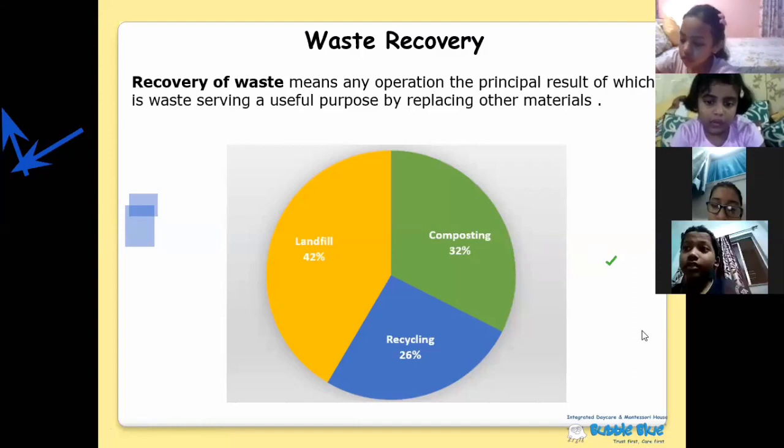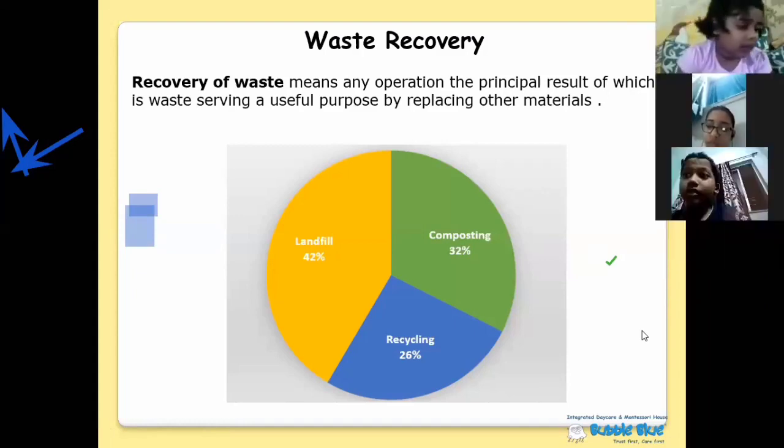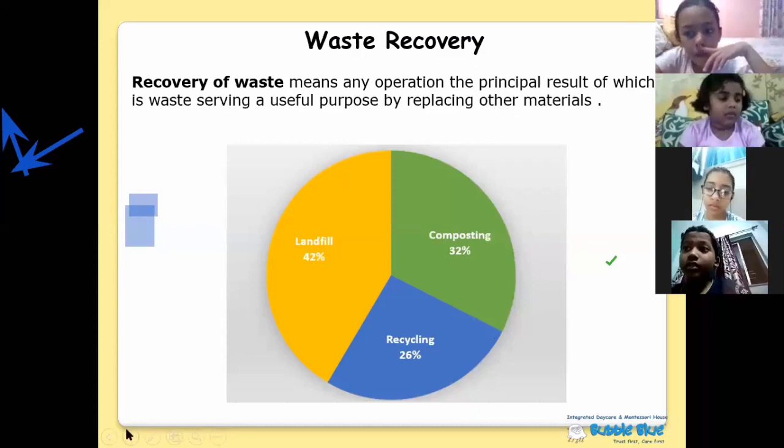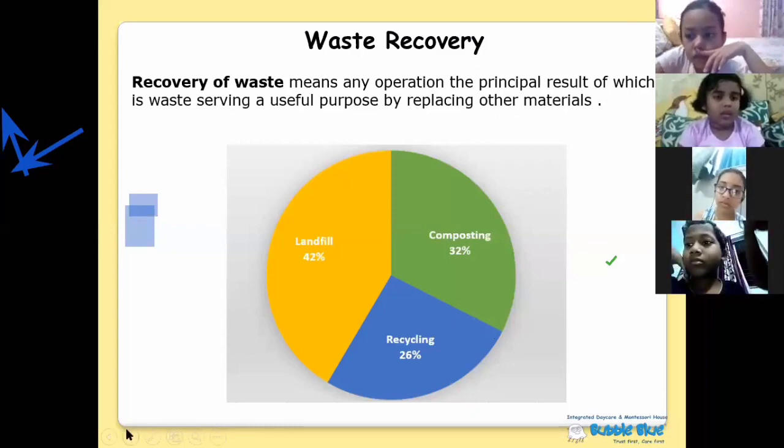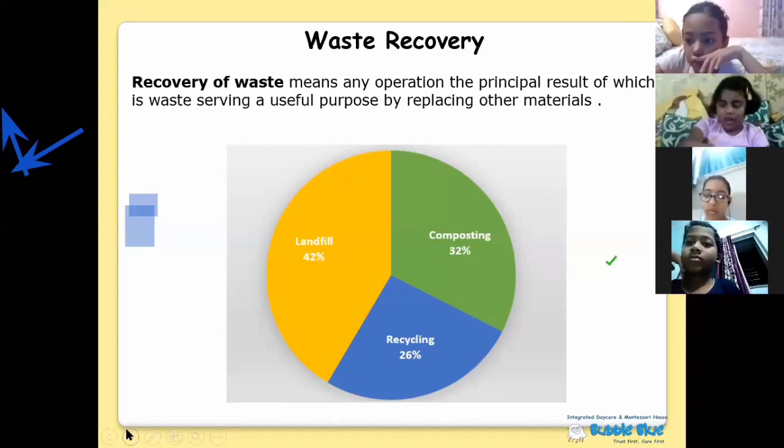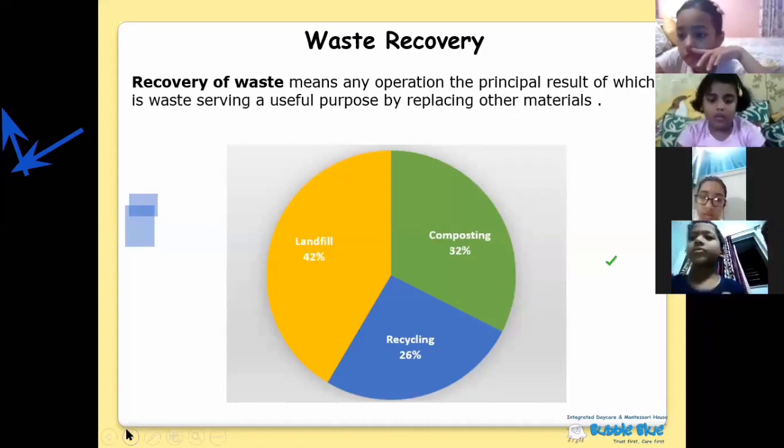Through composting, it's 32%. And recycling is 26%. That makes the total 100%. Okay, 42 plus 32 plus 26 is 100%.